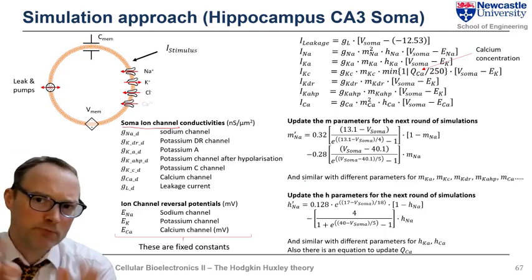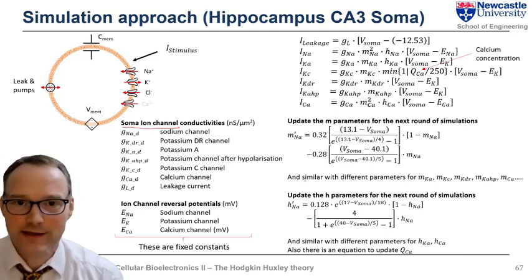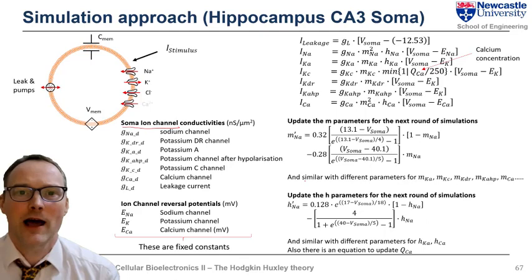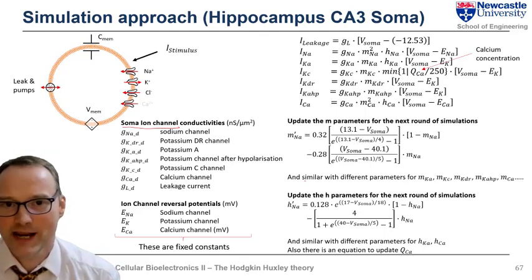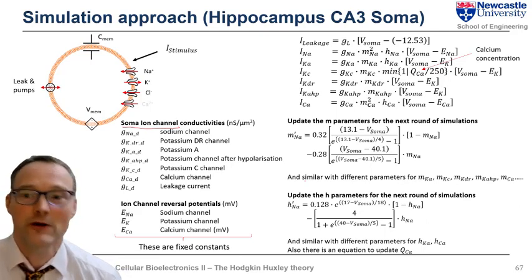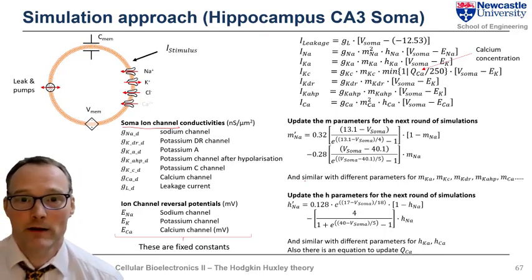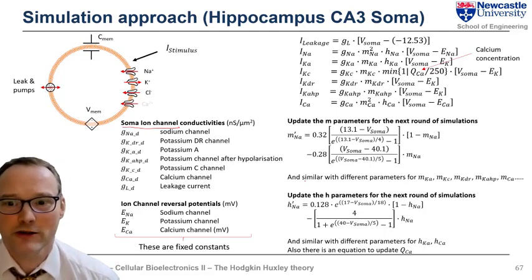You're just putting in different parameters, and as I've said before, you don't sit down and calculate these. There are simulation tools such as Neuron and so forth, which will do it for you. Although you can create a MATLAB model, and the basic equation for the Hodgkin Huxley is the same.